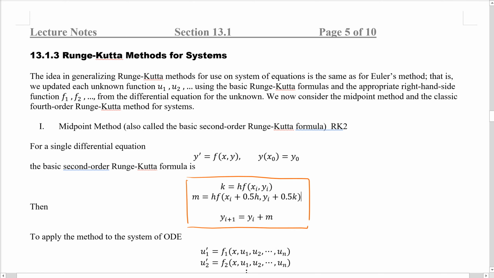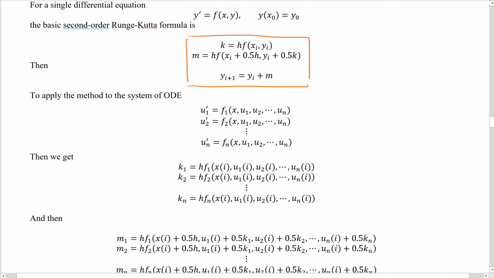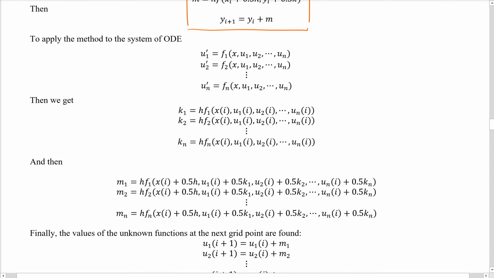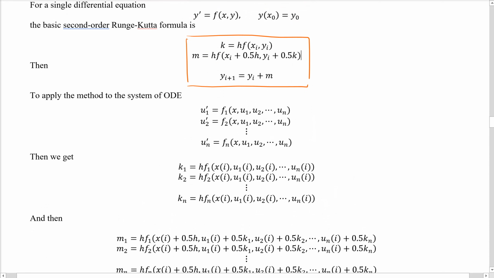Okay, so now we have vectors. The u1, u2, un, they're the coordinates of the vector u. Well, it looks like a lot, but we can actually use the vector notation. With the vector notation, these tell us that u prime equals the vector f of x, u.